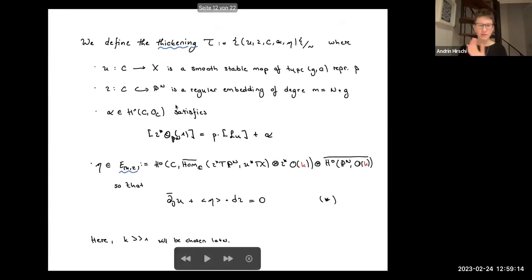I've not seen their paper, but the main difference, as far as I can deduce from talks, is that they don't use this alpha term to constrain their framings. So they essentially use two framings and then somehow relate them with each other.